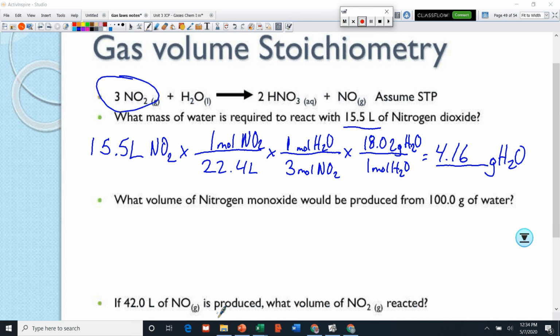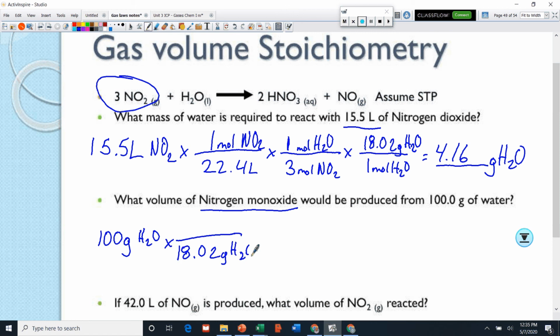All right, and then another approach would be what volume of nitrogen monoxide would be produced from 100 grams of water. So this one, we're going to start off with the 100 grams of water, and we have to use stoichiometry. There are 18.02 grams of H2O for every 1 mole of H2O.